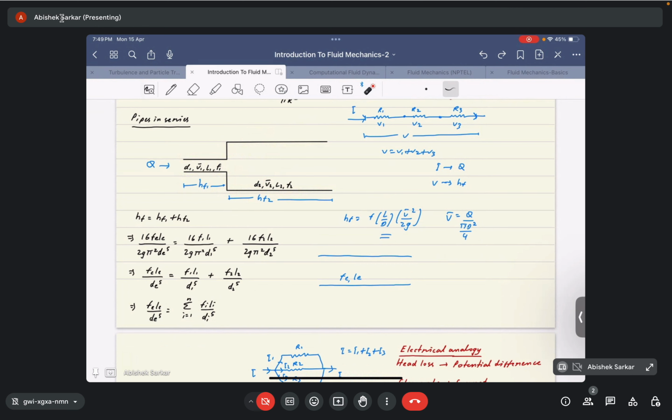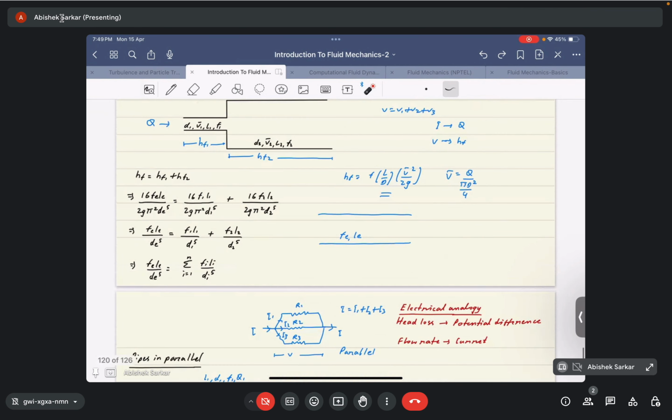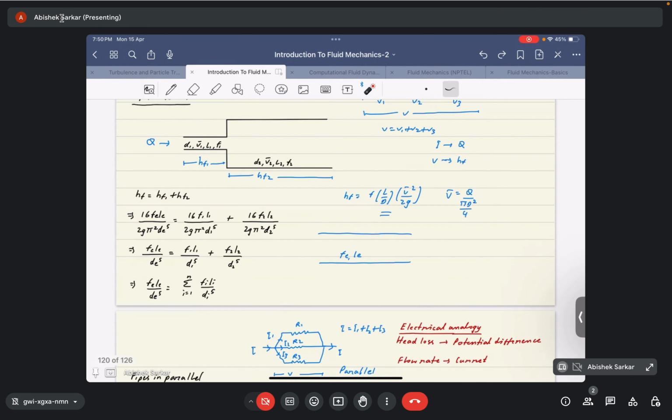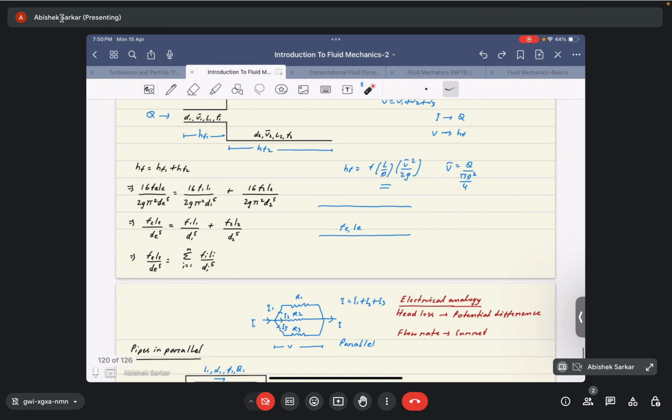So if you are going to replace these pipes, in order to have the same volume flow rate, we substitute the value of HF in these equations to get 16 FE into LE by 2g pi square DE to the power 5, where FE is the equivalent friction factor of the new pipe that we are going to use to replace these two pipes in series, LE is the equivalent length of the pipe, and DE is the equivalent diameter.